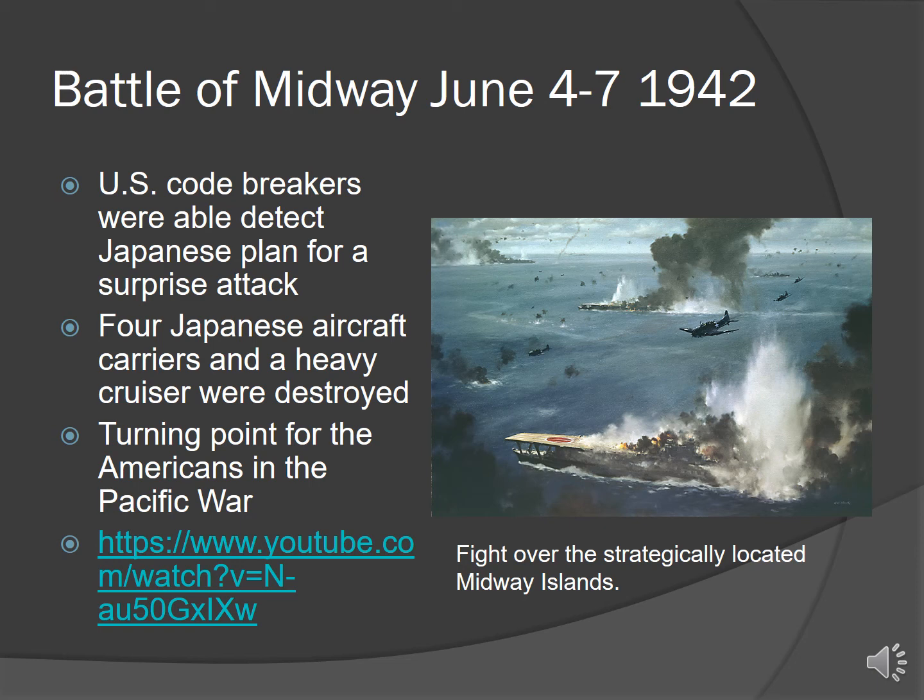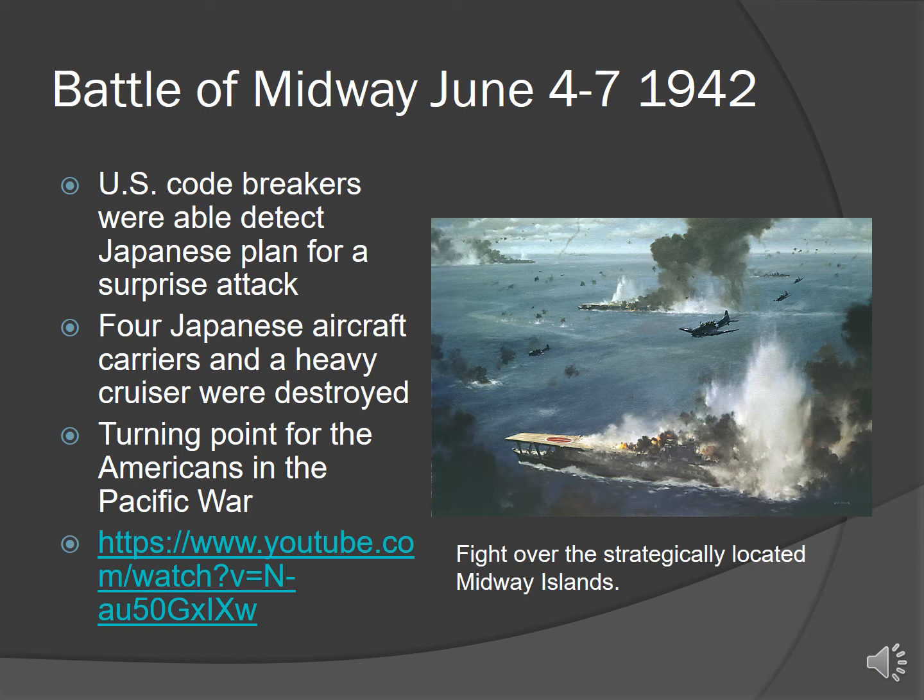So the Japanese were planning this surprise attack, but U.S. code breakers were able to detect their plan. And so they were prepared for this attack by the Japanese. And because they were prepared for it, they were able to fight back very effectively.